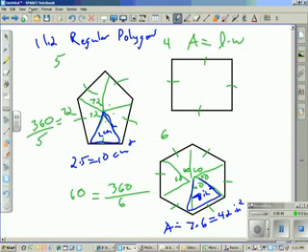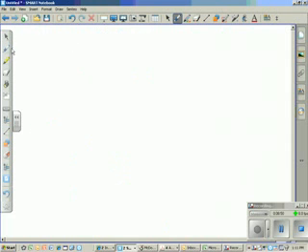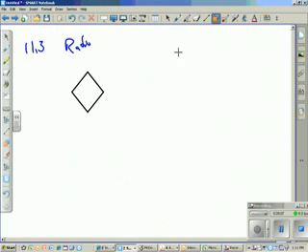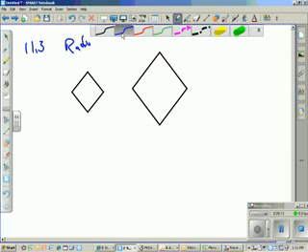All right, section 3. In section 3, we were working with ratios. So what we did in this section was we drew figures that are similar. So I'm drawing 2 rhombuses that are similar.